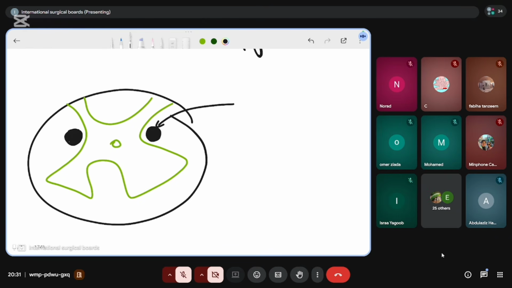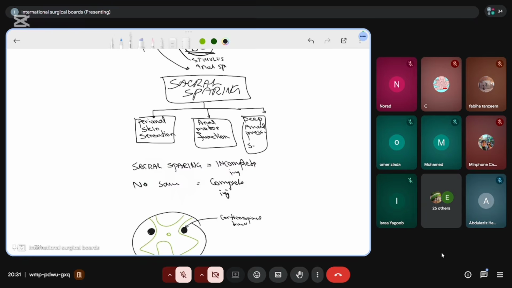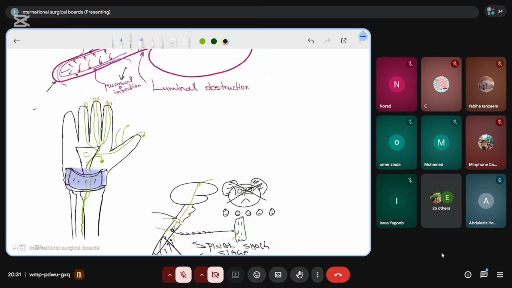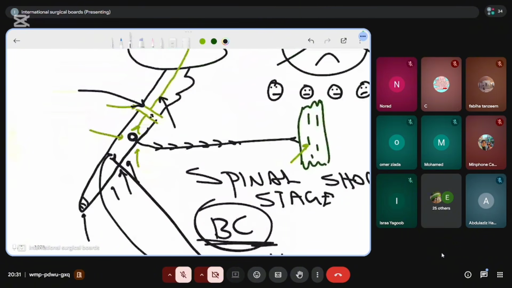So let's say corticospinal tract. It's the tract that connects the upper motor neuron to the lower motor neuron.